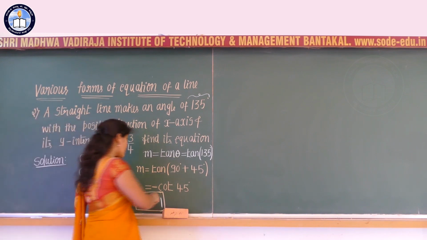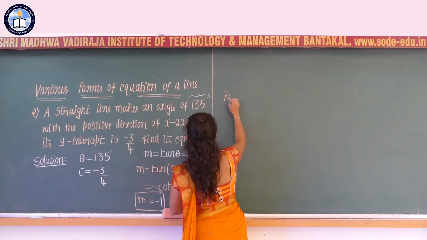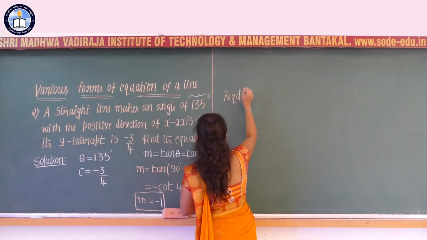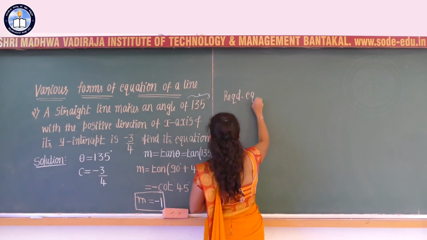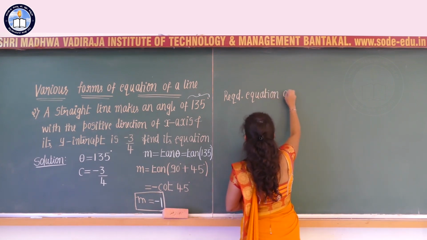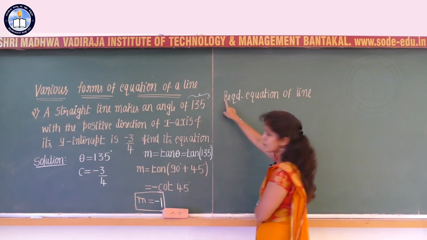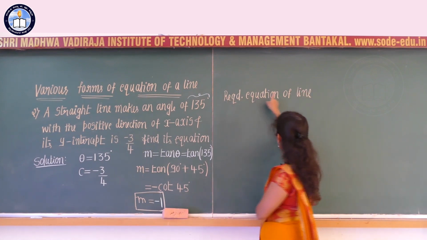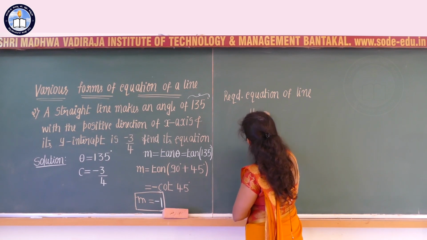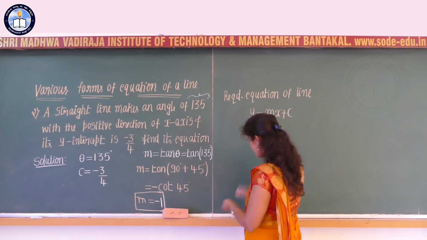If we know the slope and y-intercept, then the required equation of the line can be written as, what is the required equation of the line? The required equation of the line is nothing but y is equal to m into x plus c.